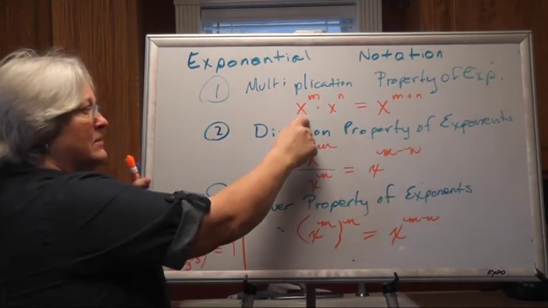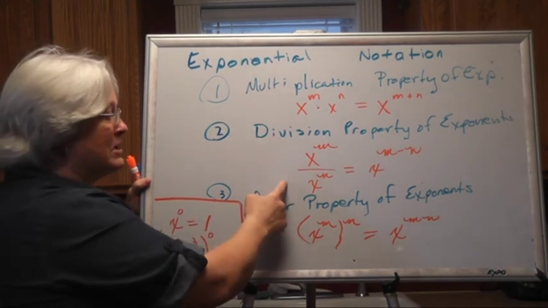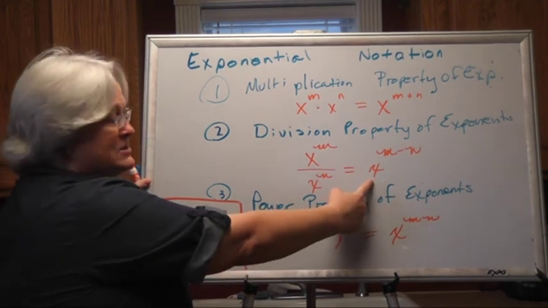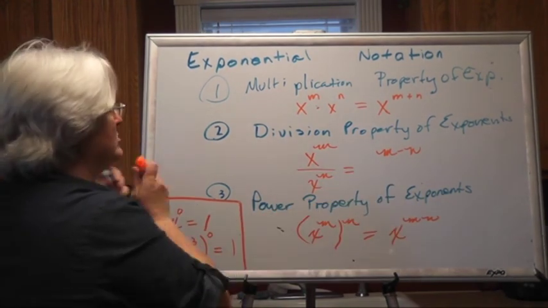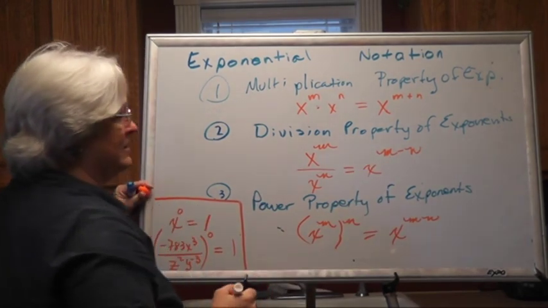The base doesn't change. When you're dividing exponential expressions with the same base, you keep the base. The base does not change. And you simply subtract the exponents.